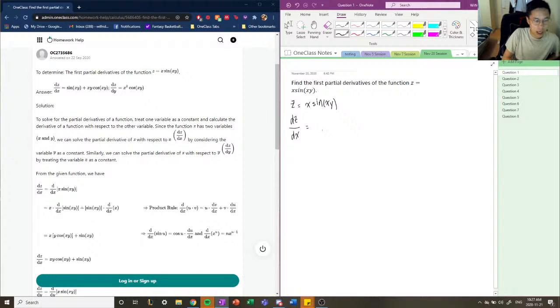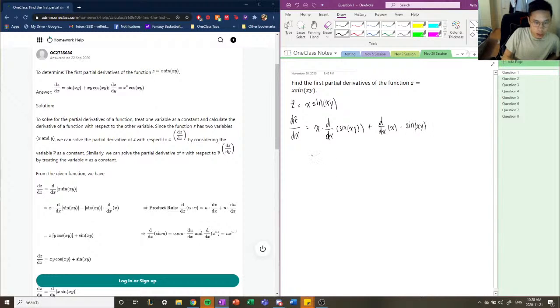So we leave the first function underived and derive the second function, d of dx of sine xy, and then we sum it with the derivative of the first function, d of dx of x times sine xy.